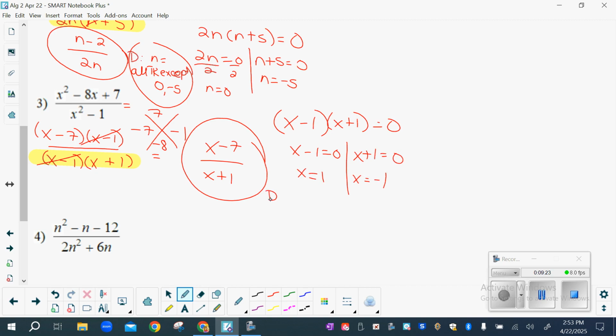And my domain is x equals all reals. Once again, that symbol for reals, if you're not going to write it out, is 2 lines there. And it's all reals except 1 and -1. So a lot of times students ask me, do I have to write all reals except? Yes, you do, because you're being asked to write the domain.